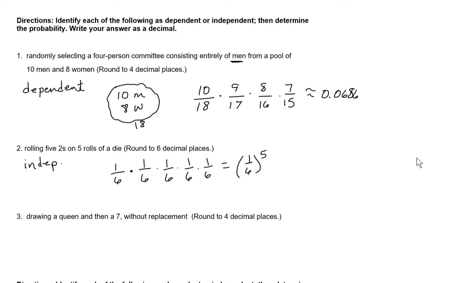When I put that in my calculator, it's going to be a little bit easier to put that in as an exponent instead of having to write all those fractions in my calculator. And I'm going to round this to 6 decimal places, so 0.000129 is my answer.